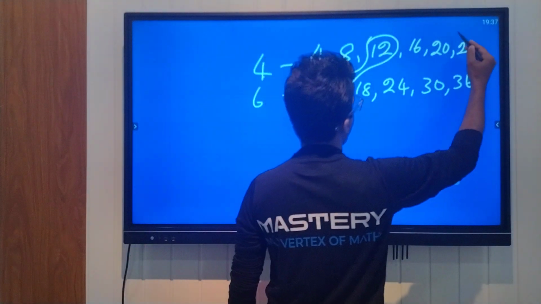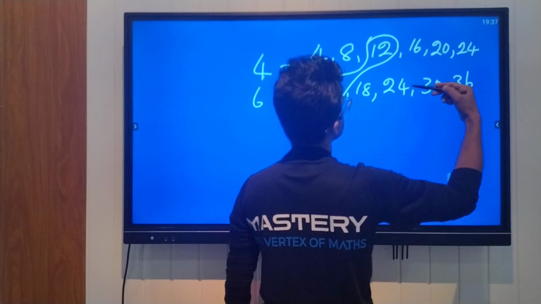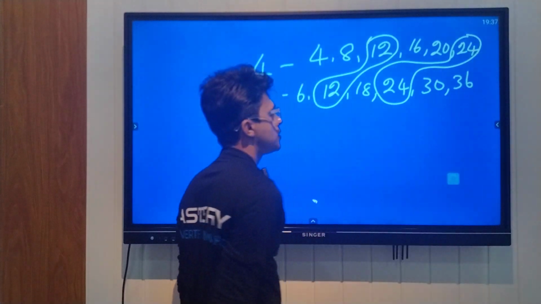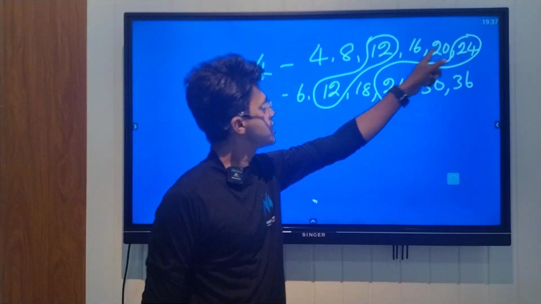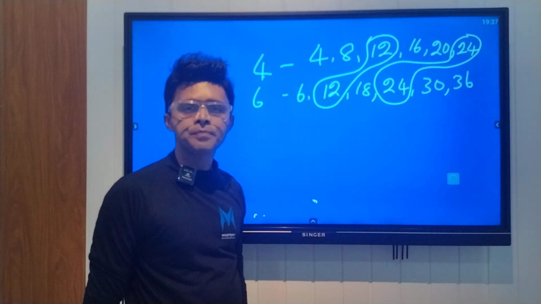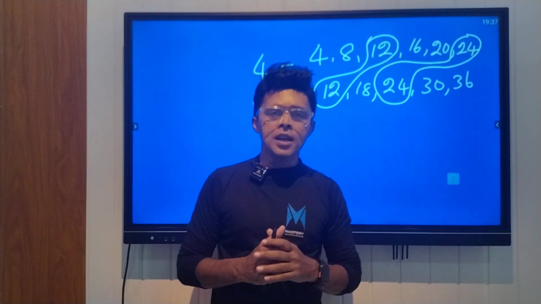Then 24 also can be taken as a common multiple, right? 24 is a multiple of 4. 24 is a multiple of 6. But here we need to get the least common multiple.